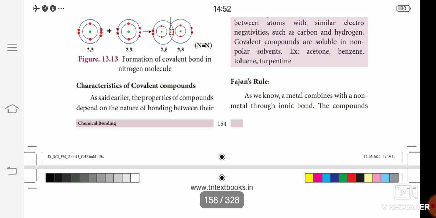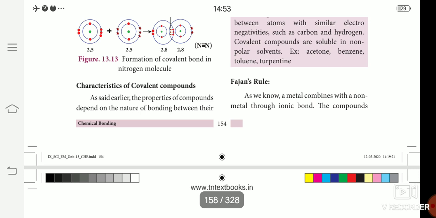For example, diamond is solid, water is liquid and oxygen is gaseous. So first identify whether it is solid, liquid or gaseous, then the force of attraction, strong or weak.